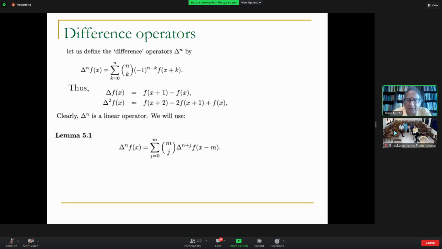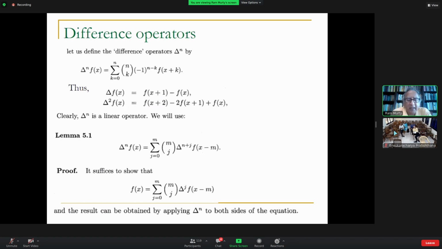This is to be thought of as some sort of Leibniz rule. It suffices to show the case when n equals 0, because Δ^n is a linear operator. If I show it for f(x), then I just apply Δ^n to the whole thing, and you get that result. So this is all you have to show.